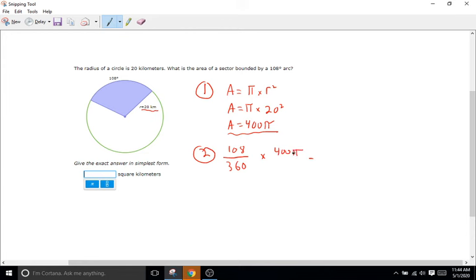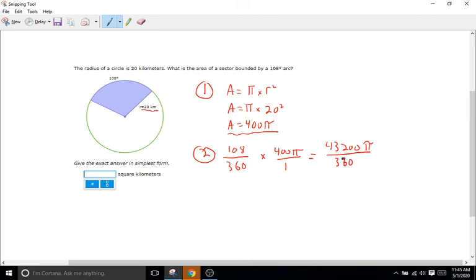If you want, you can put the 400 pi over 1 like that. It really doesn't matter though, just up to personal preference. So 108 multiplied by 400 is going to equal 43,200 pi. Gotta remember the pi, divided by 360.